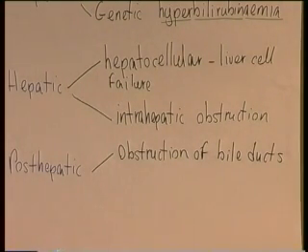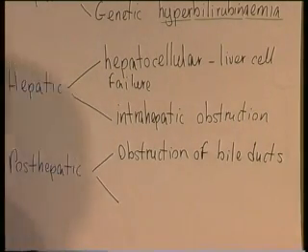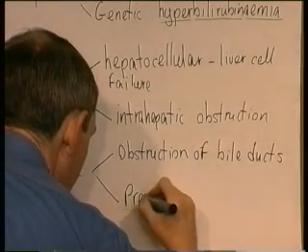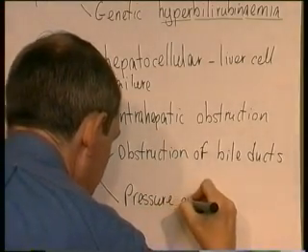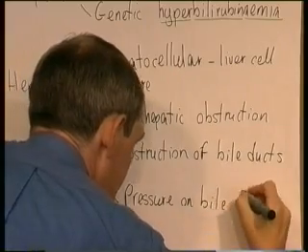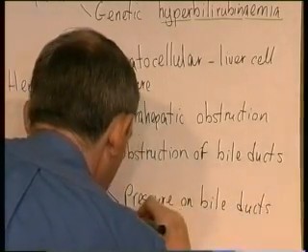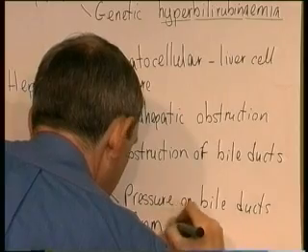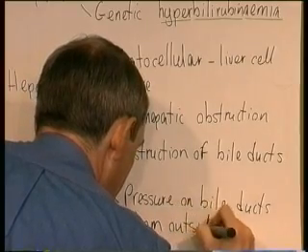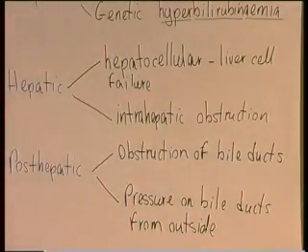Or alternatively, bile might not be able to get through the bile ducts, not because there's a blockage in the bile ducts themselves, but because there's pressure on the bile ducts from outside structures. So if there's an abnormality in the region of the bile ducts, such as a tumour pressing on the bile ducts.